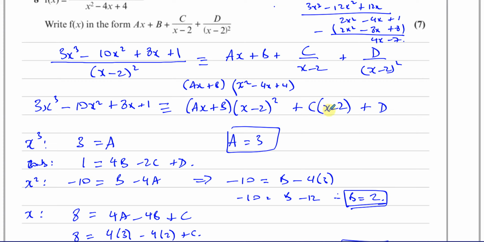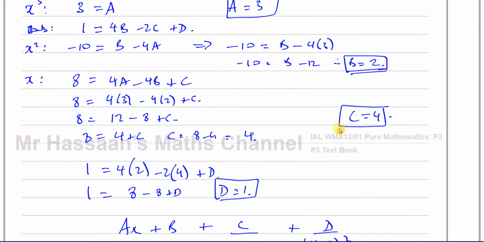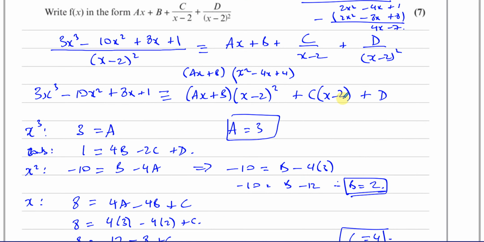Then if I put 2 here, that's 3 times 8, 24, minus 10 times 4, 40. That's going to be 16 plus 16 plus 1. That will give you 1. D equals 1 is what we found, yes. We would have been able to get rid of those, but A, B, and C we wouldn't be able to find in any other way except for comparing coefficients.